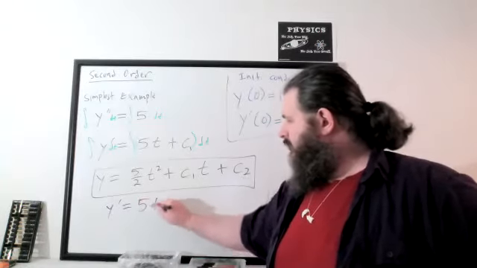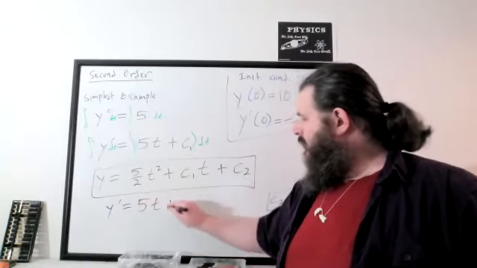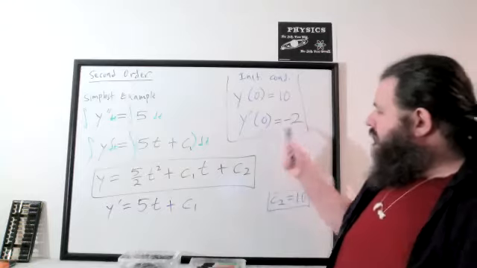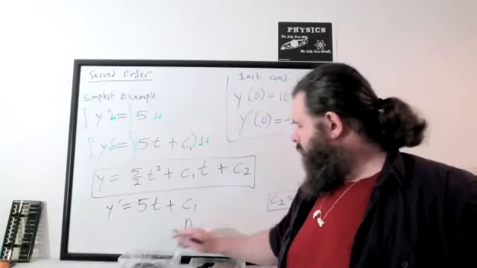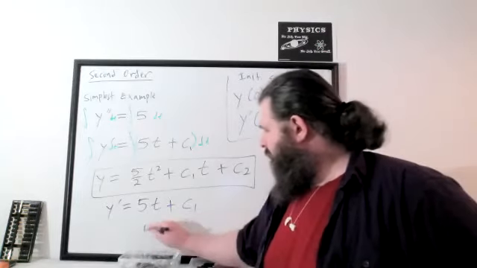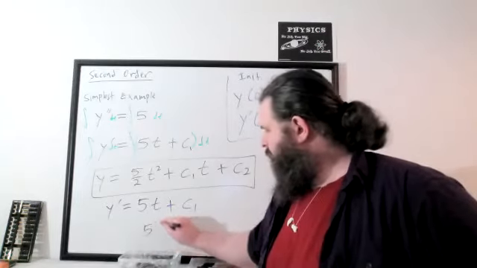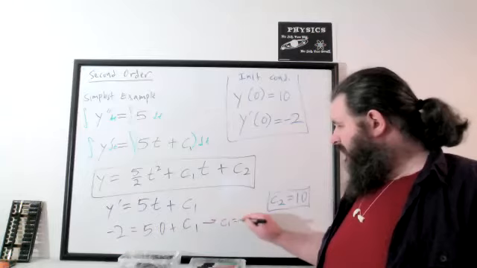The derivative of 5t squared over 2 is just 5t. The derivative of C1t is C1, and the derivative of C2 is 0. Then plug in this information, 0 for t and -2 for y prime. And then you can solve for C1. In this case, that just turns into C1 equals -2.